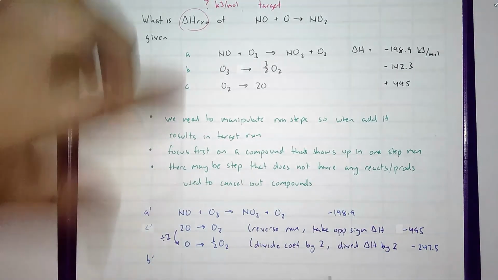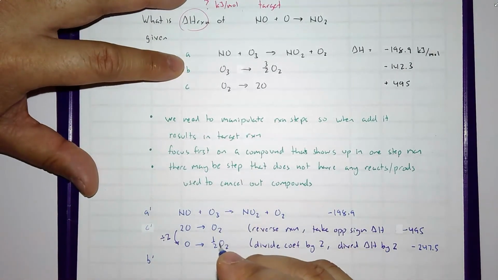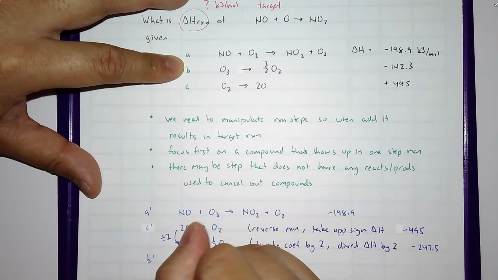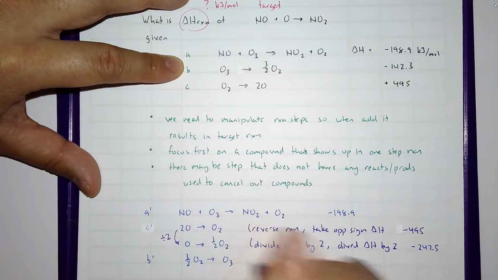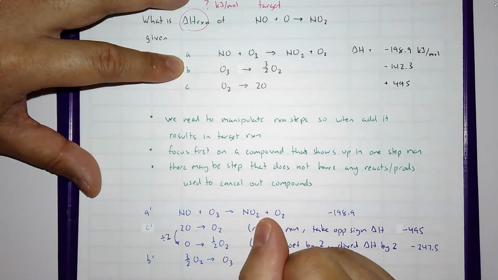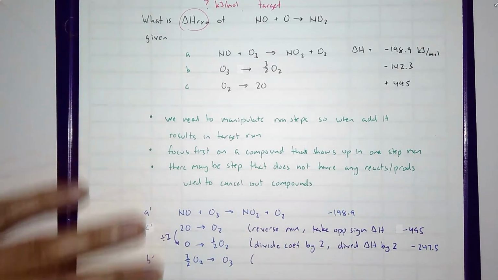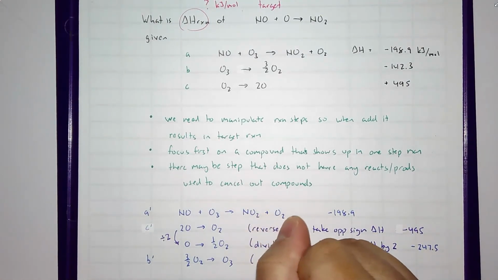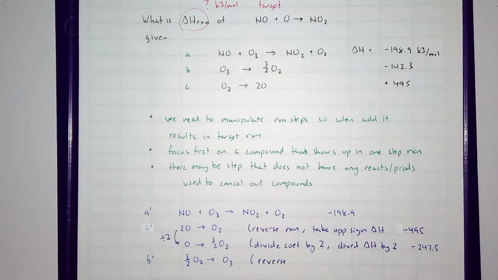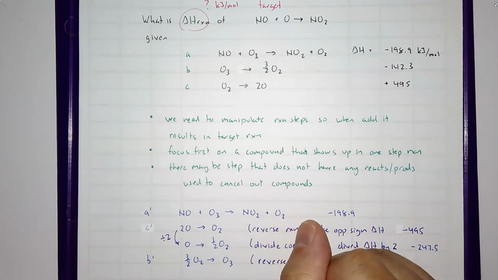So we're going to reverse reaction B to make it 3 halves O2 goes to O3. Now, right now, I'm not 100% sure if I add these reactions, if I get the target. But let me just finish this. Reverse.